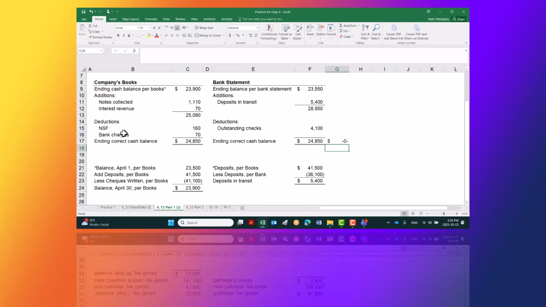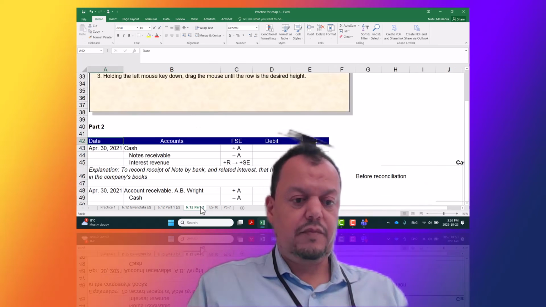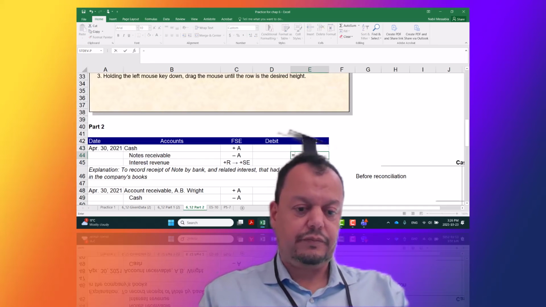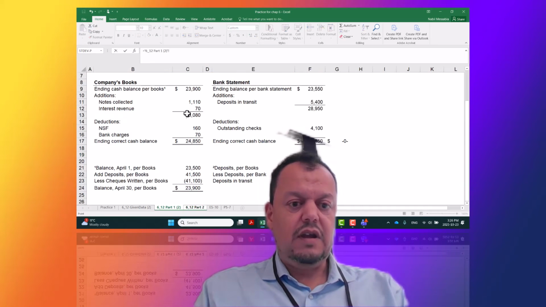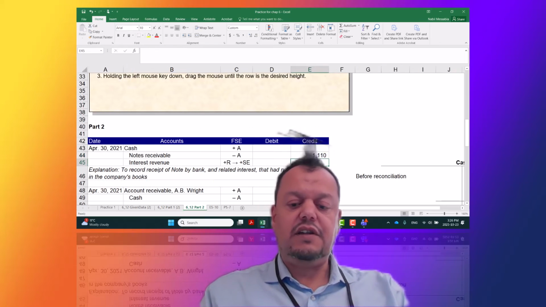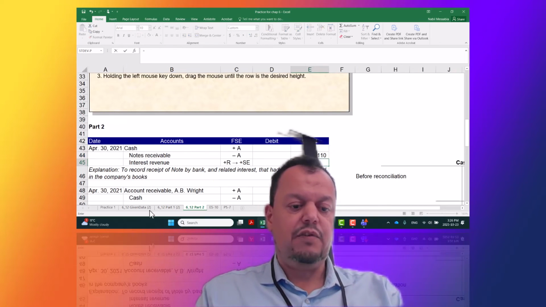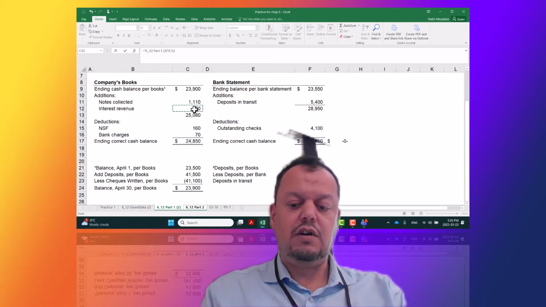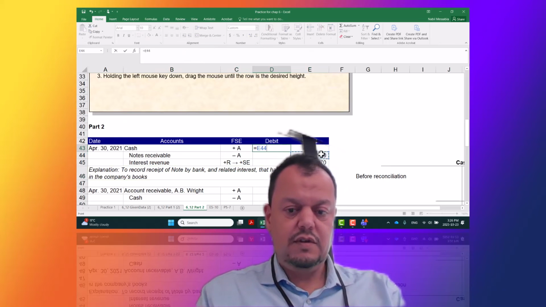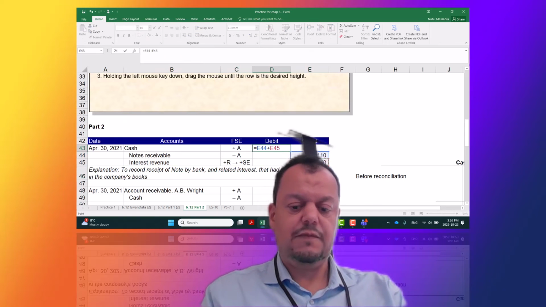So debit cash and credit note receivable. And the $70 of interest, that is an interest revenue. So debit cash, credit note receivable, $1,110. Credit interest revenue, $70. And debit cash for the total. This plus this. Okay?